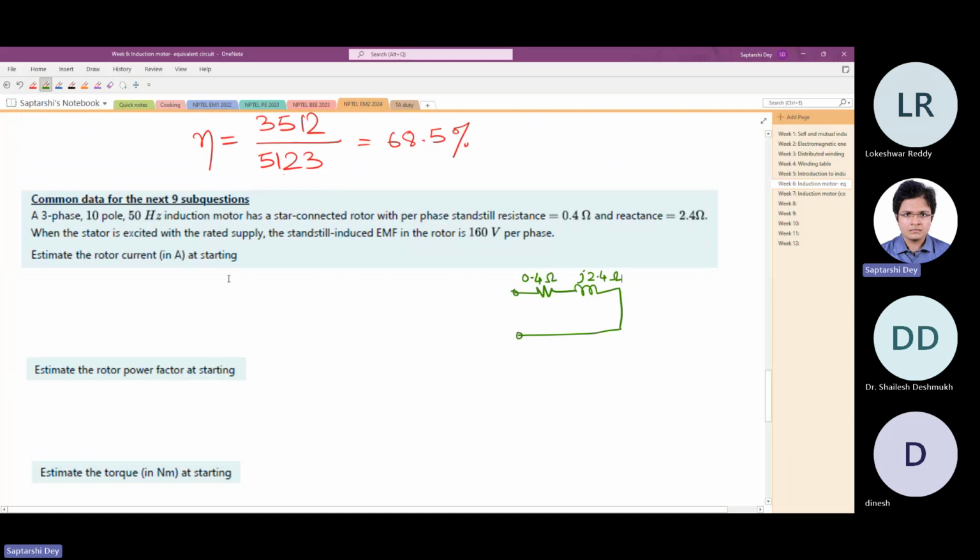So at starting, the circuit looks like this. Starting means standstill, zero speed, 160 volt. So what is the current? So I2 at starting is simply 160 by square root of this plus this.